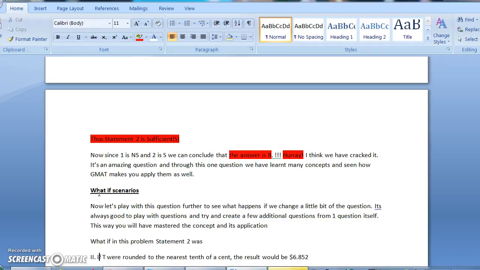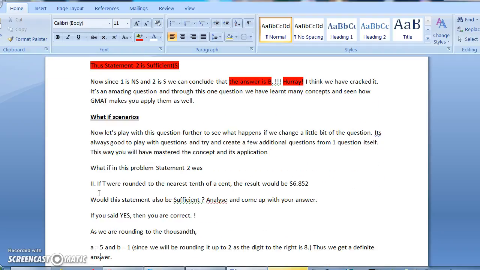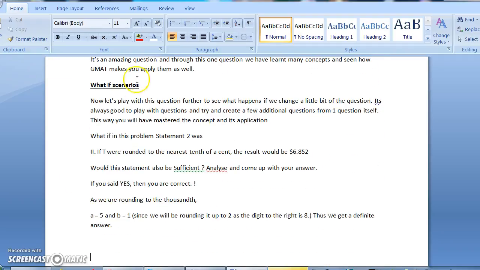Now just to make sure that you really analyzed and got it, just try a couple of what if scenarios. Let's say, what if statement 2 said this? If t were rounded to the nearest tenth of a cent, the answer is 6.852.